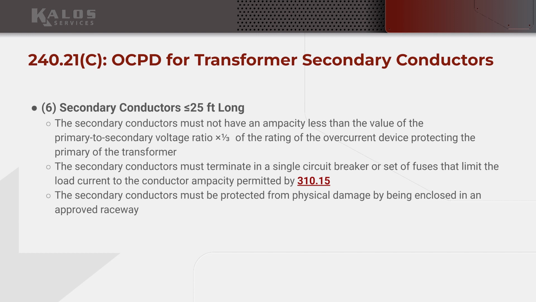I don't really understand why these tap rules are here other than just to prevent this scenario where somebody runs all the way across a building, right? So sometimes there are rules in the code that don't really make a whole lot of sense if you think about, well, what's the risk? Until you start thinking about what is the dumb thing somebody's going to do if this rule doesn't exist. So you need a way to enforce it. And my sense is that this is where some of these tap rules come into play.